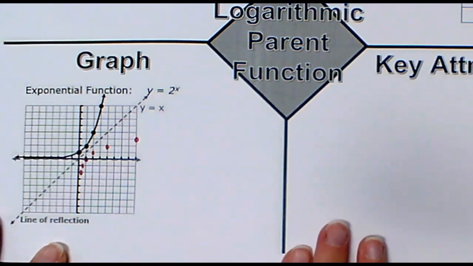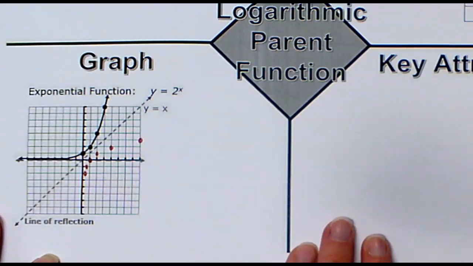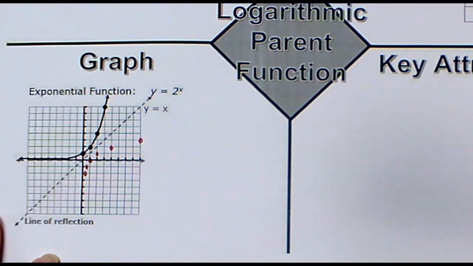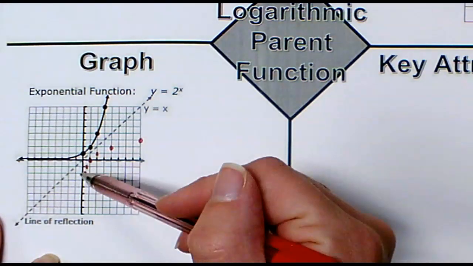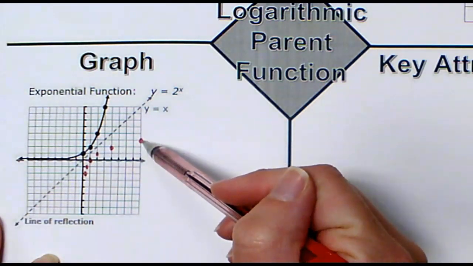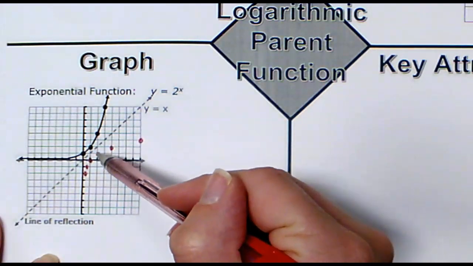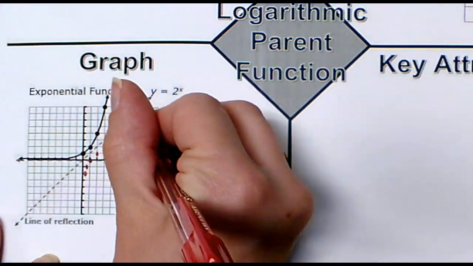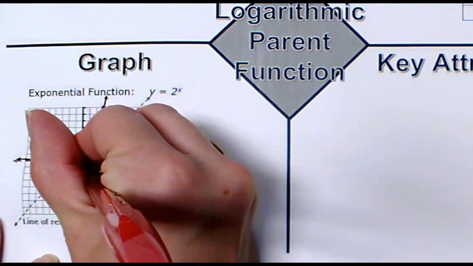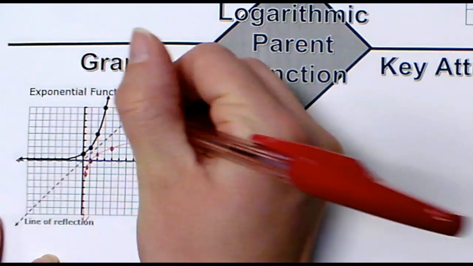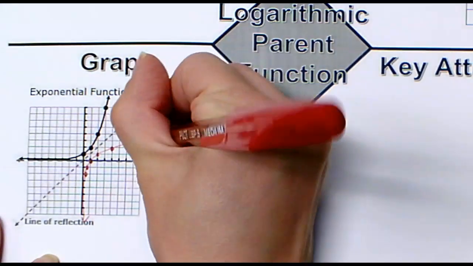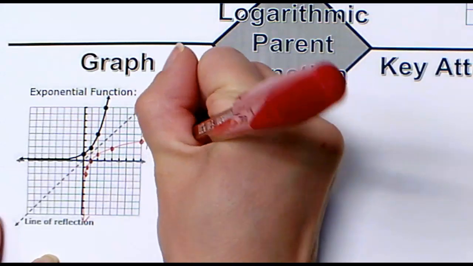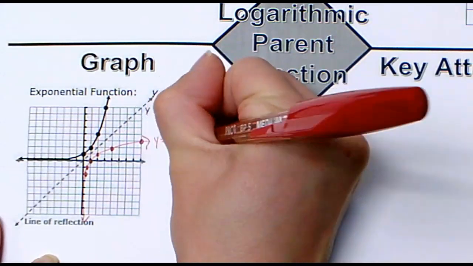I think that's as clear as I'm going to be able to get it. Our graph of the logarithmic parent function curves. It does seem to get very, very close to the y-axis without touching, and that's because it does. There is an asymptote right here. So this is y equals log base 2 of x.